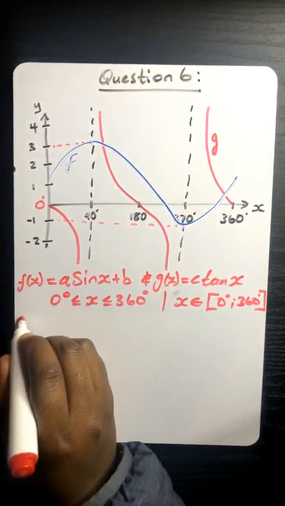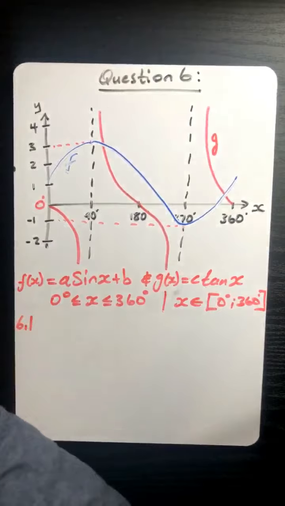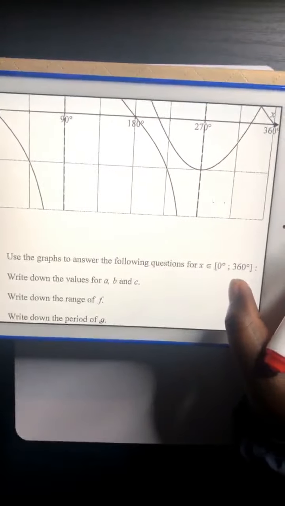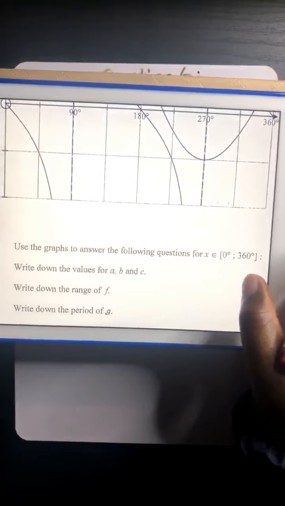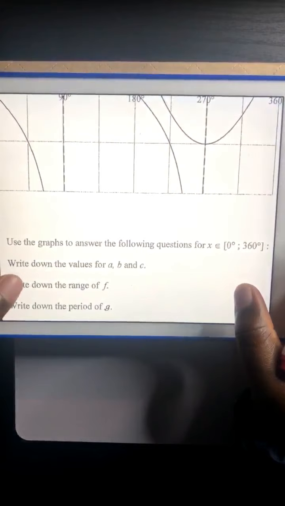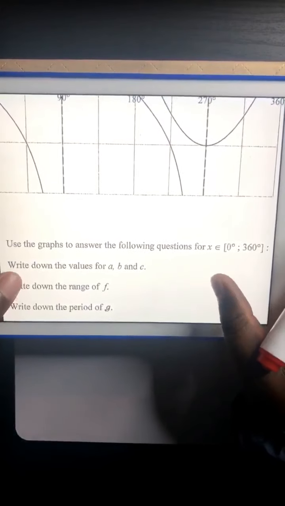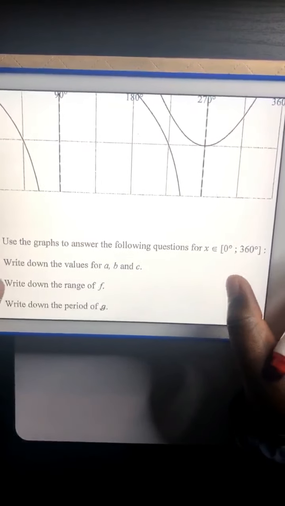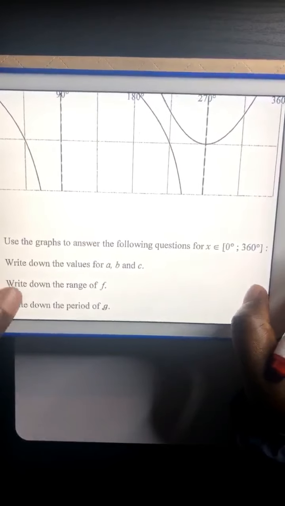So now let's have a look at 6.1. What is 6.1 saying? Before we even get to 6.1, can you see there's a statement which says use the graph to answer the following questions where x is an element of 0 and 360 degrees.